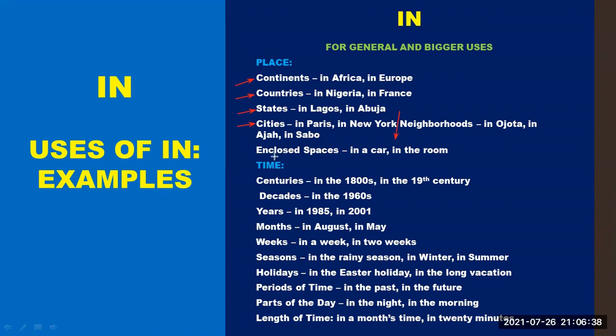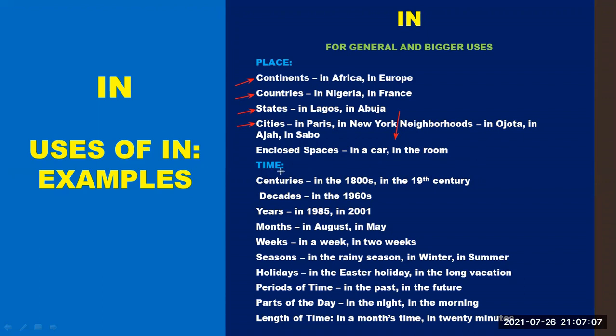Then you have enclosed spaces, such as in a car, in the room, in a cave, in, of course, anything that gives the idea of something being within another enclosure. Of course, you can say you are in the room, all right, in a car, and so on and so forth.